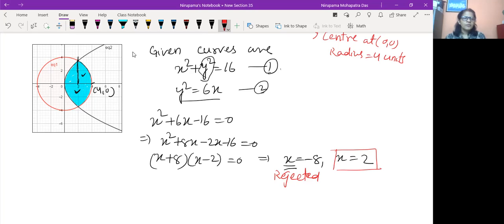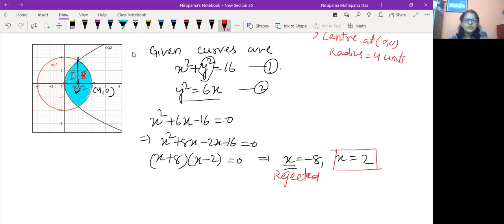Now if you just observe, I'm marking 1 and 2. The area above x-axis can be taken as area of region 1 plus area of region 2. Area of region 1 is from x equal to 0 to x equal to 2, bounded by which curve?